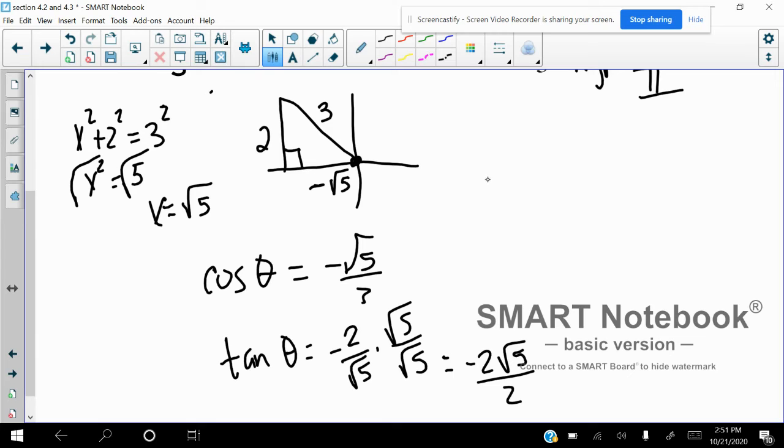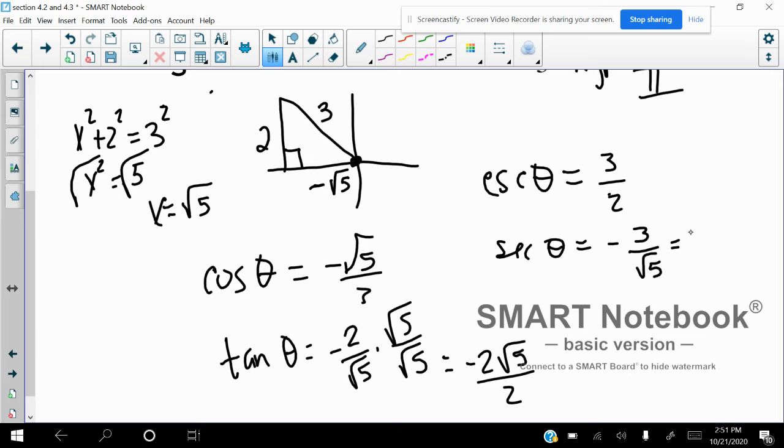With sine goes cosecant, and our sine was 2 over 3, so we got 3 over 2. Our secant is our reciprocal, so it's negative 3 over root 5. But I can't have that, so that would be negative 3 root 5 over 5. And my cotangent would be root 5 over 2, but negative.